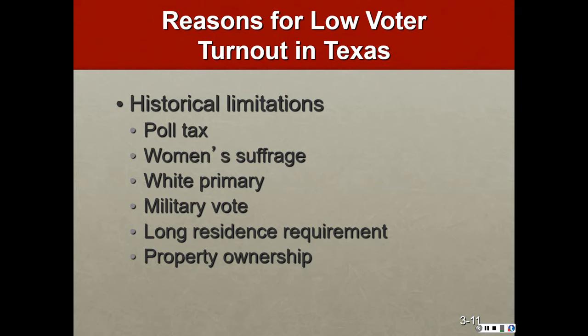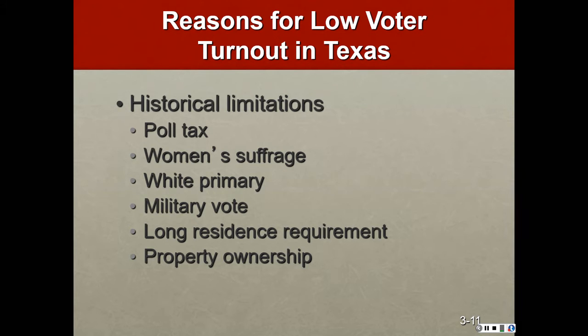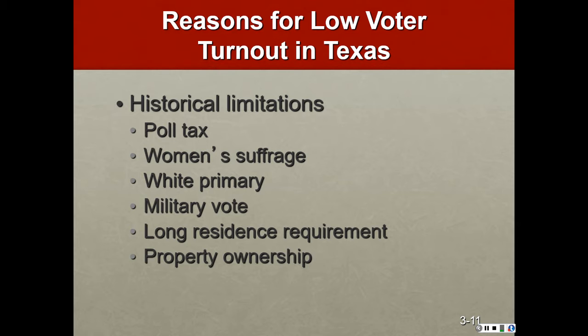The long residence requirement. To become a resident in the state of Texas, you actually have to reside in the state of Texas for 1 year. So you have to move, stay here a year, then you are legally a resident, then you can register to vote. It used to be you had to own property to be allowed to vote. A number of people could not do that.